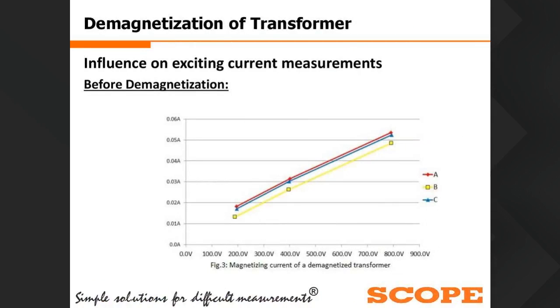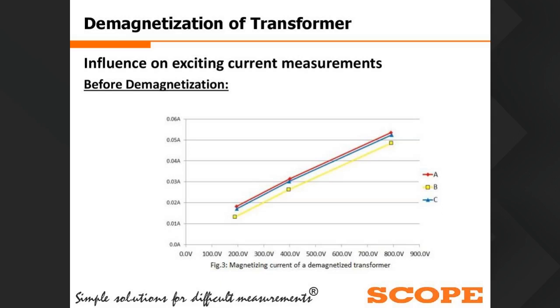So I have taken some data. If we do not do a magnetization after the winding resistance test, here you can see there are three limbs, that is phases R, Y, B. Let us consider A, B, C. As per standard practice, the middle phase should have a high magnetizing current in comparison with the other two limbs.